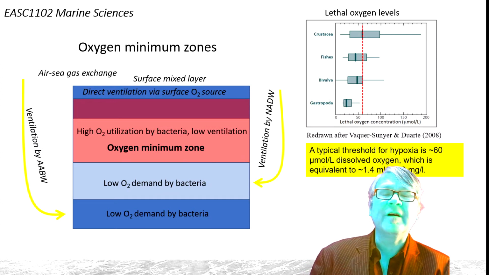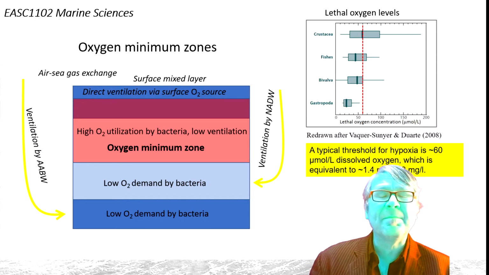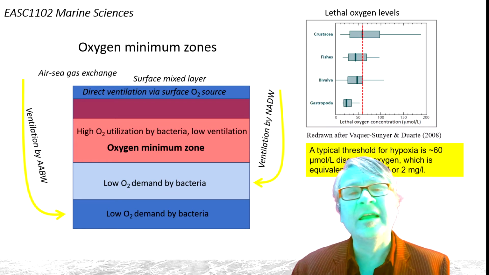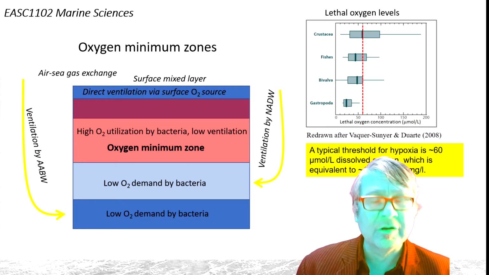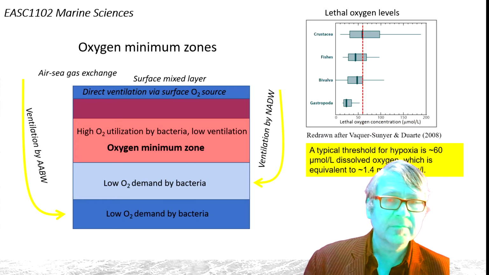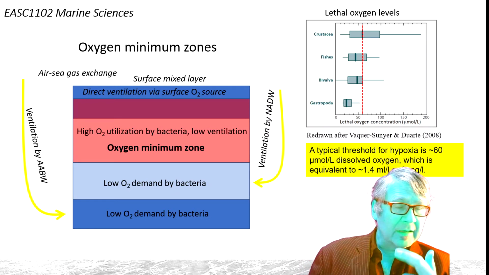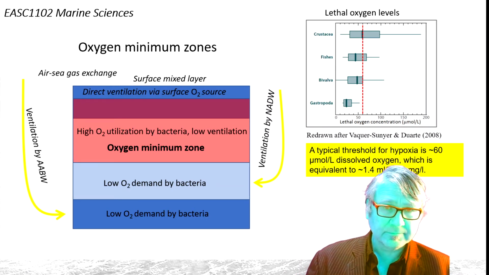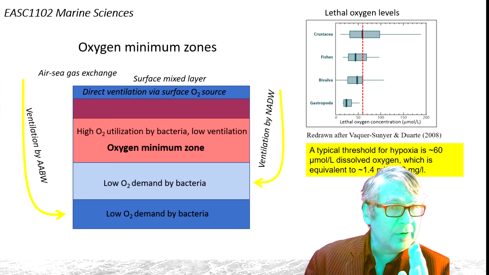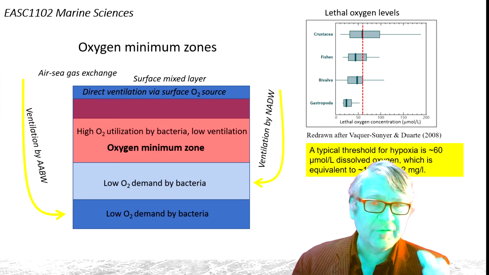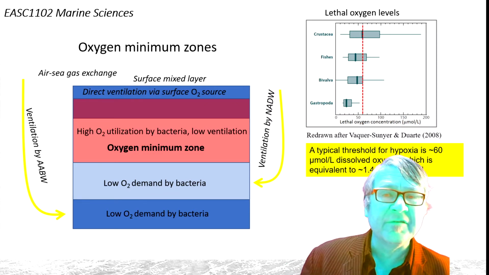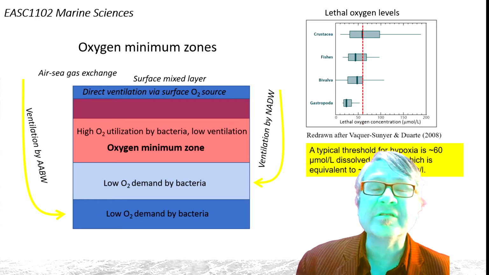So that's all fine, except for the situation in which you have not enough oxygen in the ocean. So-called dead zones, where you cannot support certain parts of marine life because there's just not enough oxygen there.